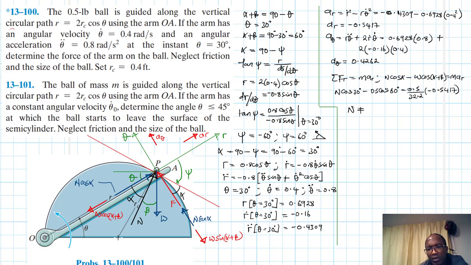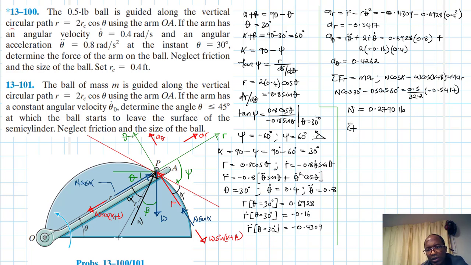Therefore, making N the subject of the formula, we have N equal to minus 0.5417 by 0.5 divided by 32.2, plus 0.5 cos 60 divided by cos 30. This gets us 0.2790.